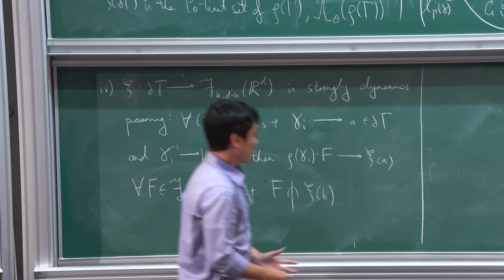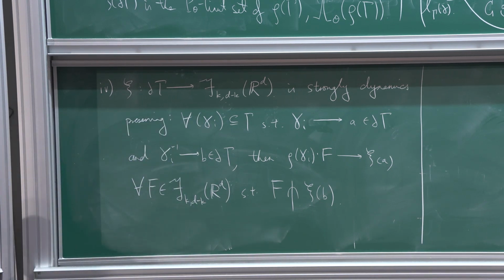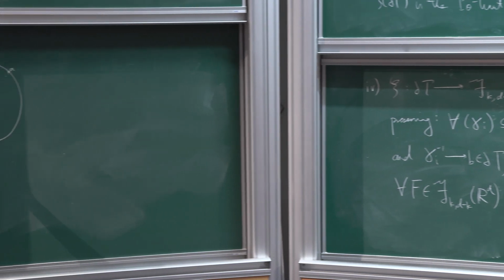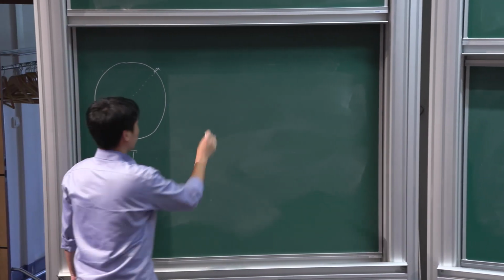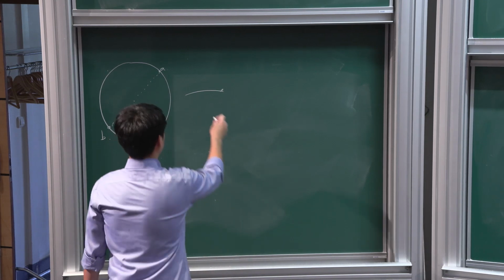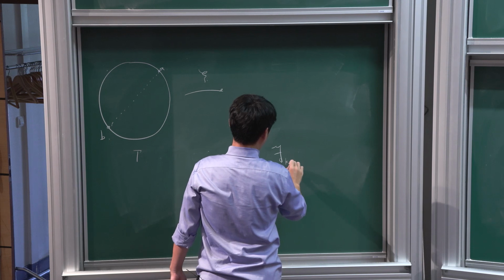So the picture you should have is something like this. Here is the picture in your group, which I drew yesterday. These group elements gamma_i converge to A, and the gamma_i inverses converge to B. Then you apply C, and now this is a picture inside of the flag manifold.